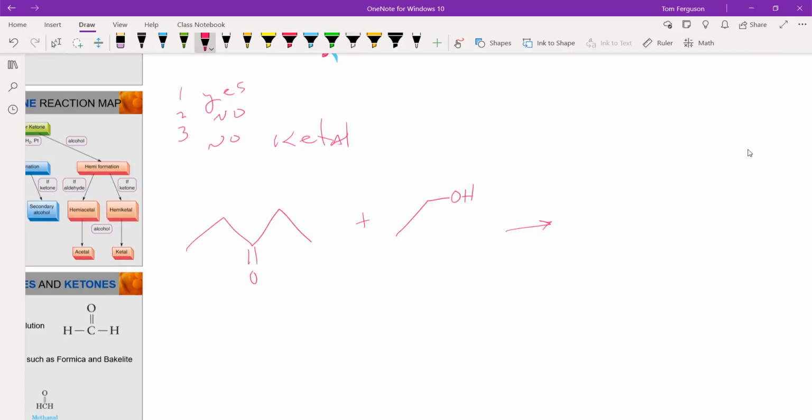Okay, so we're starting with a ketone and an alcohol. What are we going to make? What do you make when you start with a ketone and an alcohol?